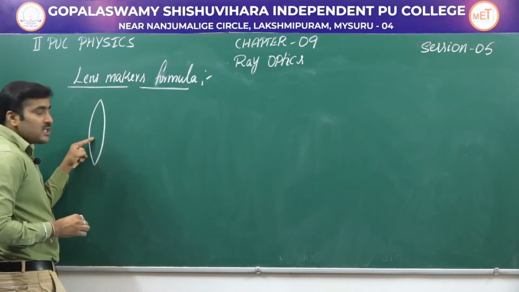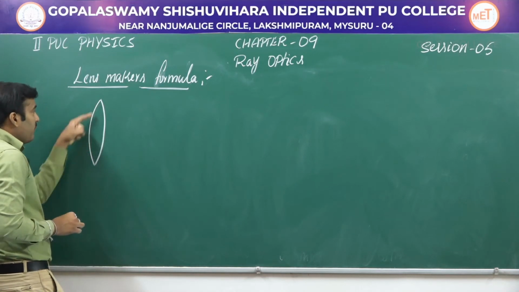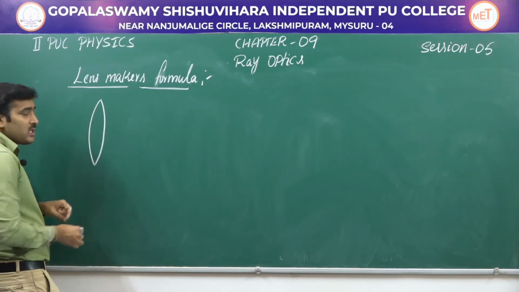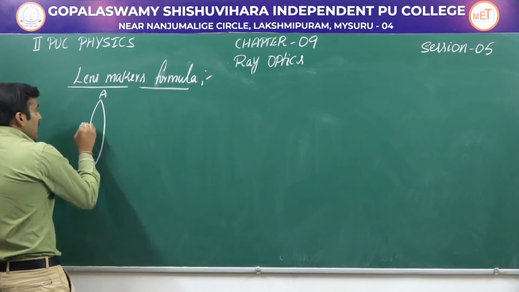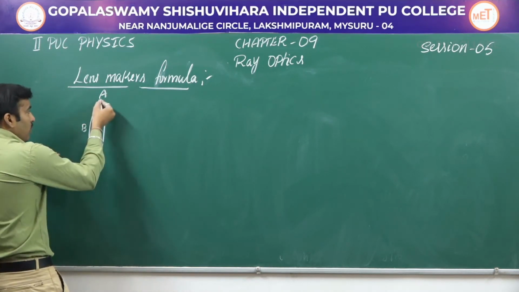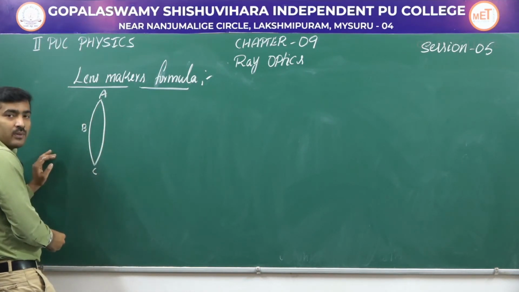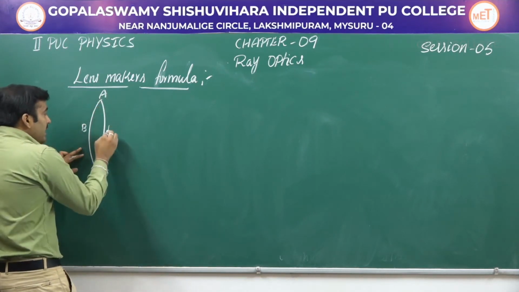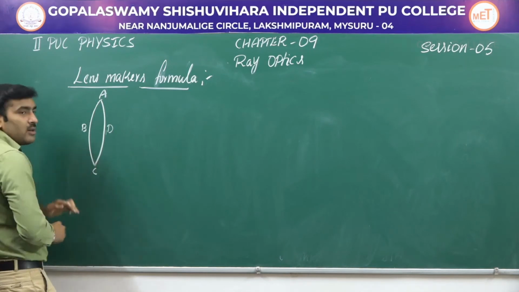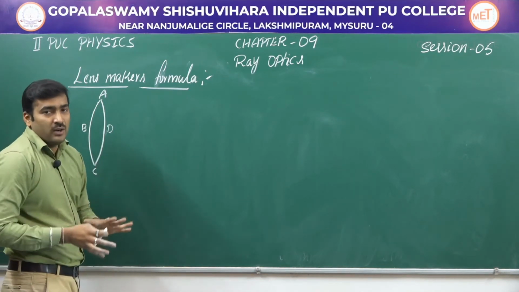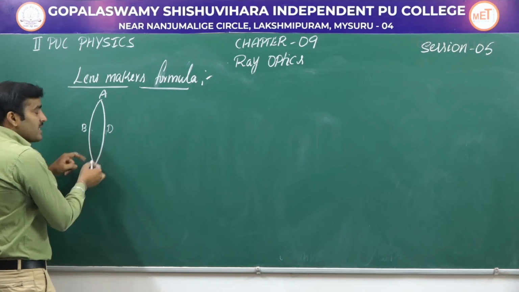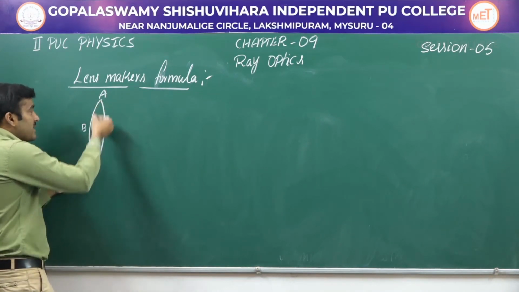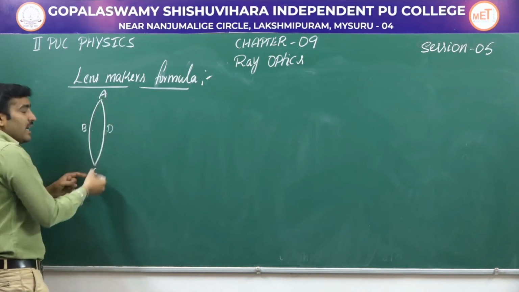This biconvex lens is bounded by two refracting spherical surfaces, correct? So let me say ABC is the first spherical refracting surface, and ADC is the second spherical refracting surface. So this lens is bounded by two spherical surfaces ABC and ADC.